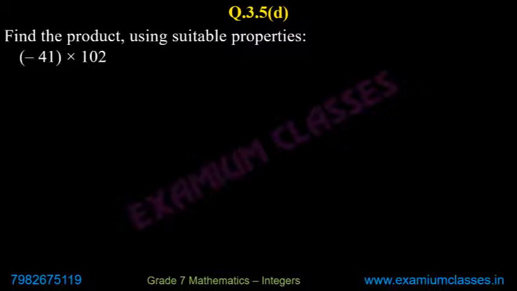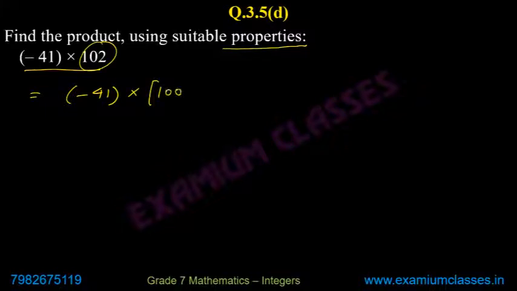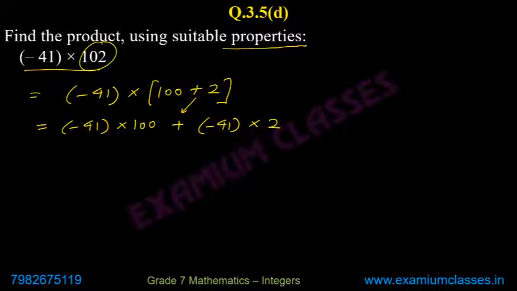Now this is all about the property, because in such questions, if you don't mention the property correctly or you mention the wrong property, then even if the answer is correct, you will lose marks. So that is the problem in such questions. So it will be equal to minus 41, and simplify this one. You can write it as 100 plus 2. And now you can apply the distributive property. That is minus 41 into 200, then this plus sign, again minus 41 into 2.